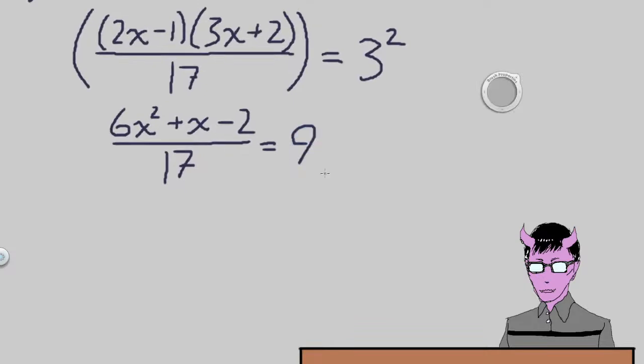Okay. Well, can't use zero product property. We need to multiply 17 to that side and then subtract it from both sides afterwards. So let's do that. 17 times 9 is a rather unpleasant 170. That'll be 10 17s, but we need to take away 1 17. So that's going to be 157.